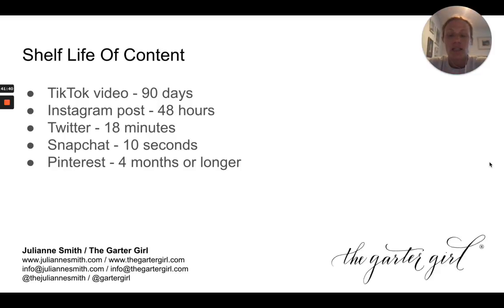An Instagram post is 48 hours before your content is drowned out by other posts, or before Instagram just stops showing it to people. Twitter, it's 18 minutes before your tweet gets lost in the feed and it's no longer there. Snapchat, 10 seconds. I don't use Snapchat, but my daughter does. I know a lot of people use it, but I just thought it was really helpful.